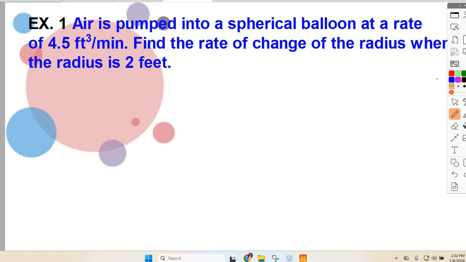So it says air is being pumped into a spherical balloon at a rate of 4.5 feet cubed per minute. Find the rate of change of the radius when the radius is 2 feet. So, what do we want to do first?